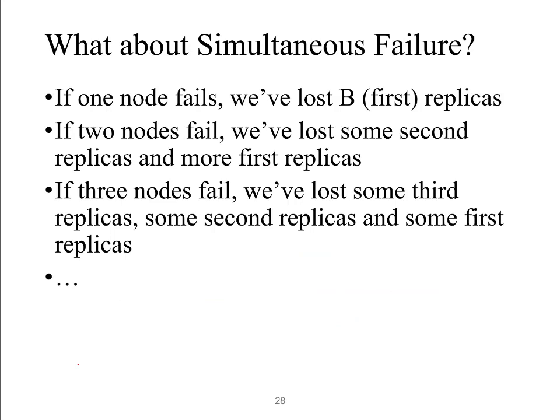And we call this simultaneous failure. If one node fails, we lose b replicas, where b is the number of blocks on one node. If 2 nodes fail at the same time, then we lose some second replicas and more first replicas.